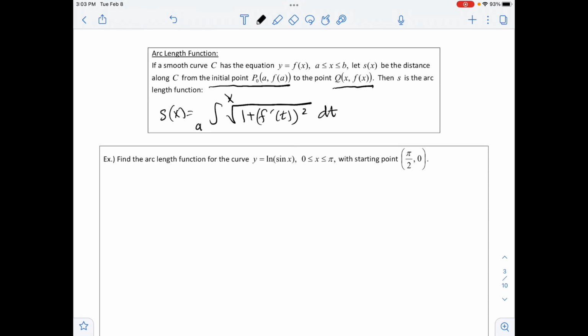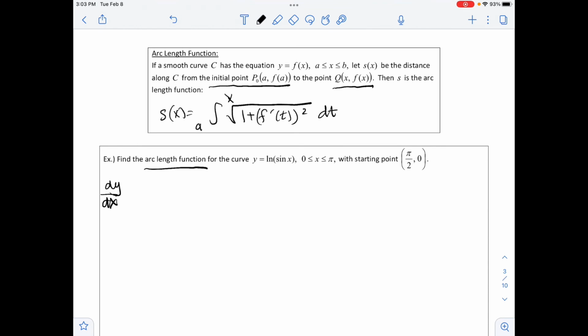So maybe from just 0 to 2, or 0 to 4, or 0 to 9, whatever it is that we wanted to. So the example right below this is find the arc length function of the curve y equals ln of sine of x from 0 less than or equal to x less than or equal to pi with a starting point of (pi over 2, 0). And it does tell us it wants an arc length function. So in order to do this, again, we still need that derivative, dy/dx.